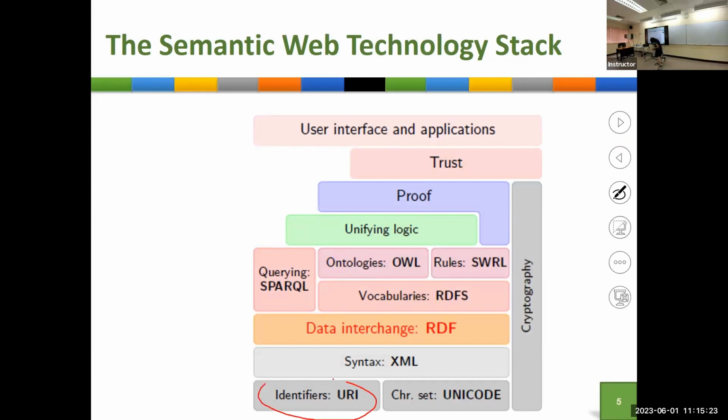First, we already talked a little bit about URI, and I think you already know about Unicode. These two are just the serialization level. To represent data, you need to encode everything in some character encoding syntax or standard, and Unicode is the one allowing us to represent data in any language.